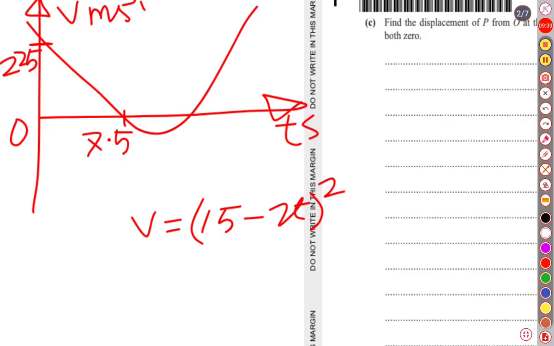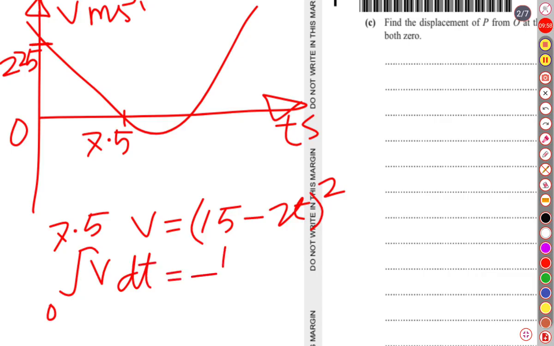If we integrate from 0 until 7.5 seconds, we are going to integrate v in terms of t, and it is going to be 1 over 3, because if we integrate, the exponent will increase by 1, so it is 3. And if we differentiate the inner part, it is negative 2, so negative 2. And what will happen to the function?